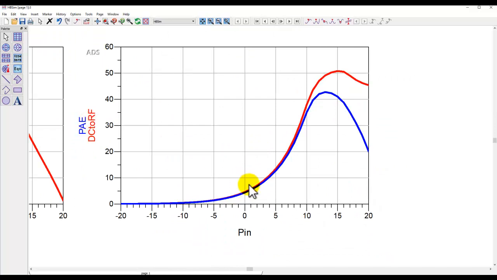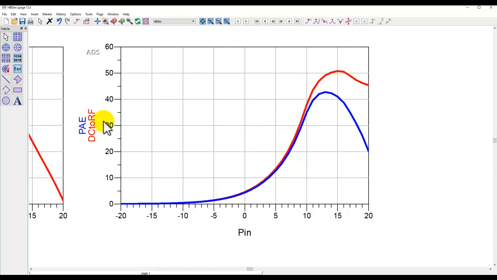So the blue curve is representing PAE, and the red curve you can see is DC to RF efficiency. Beyond a point, these two curves start to disagree with each other, because once your amplifier is going into compression, you can see PAE drops, purely because of the formula, remember the numerator is gain, P out minus P in divided by PDC, whereas DC to RF still keeps rising to that point and shows a slight dip.